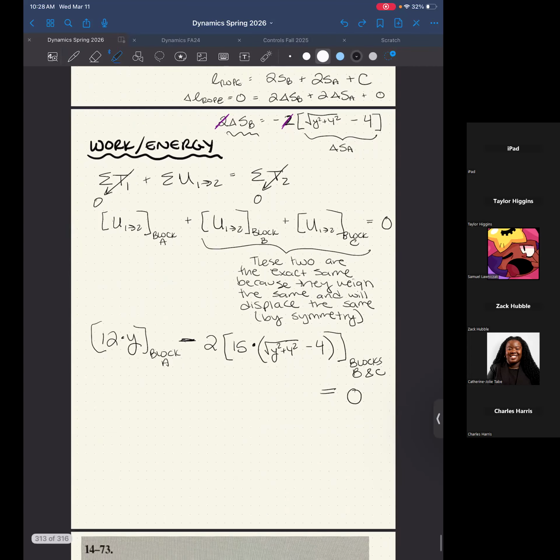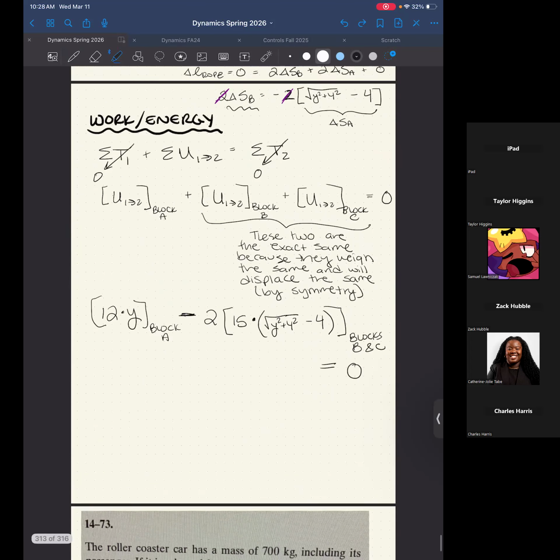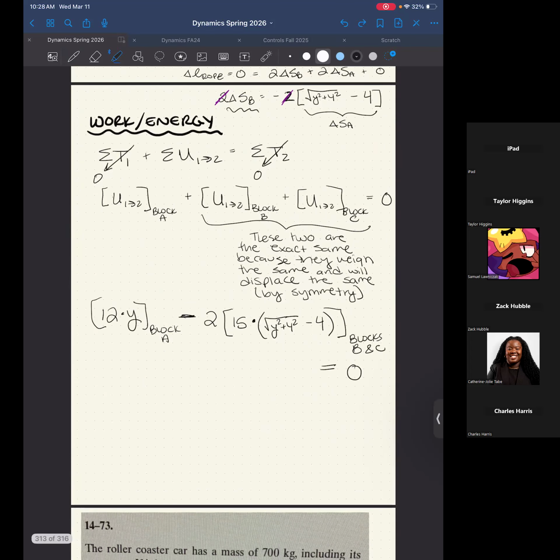Okay, so I'm seeing an equation with one unknown and one equation.